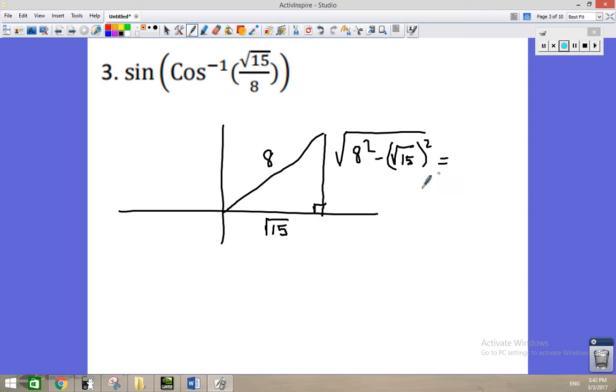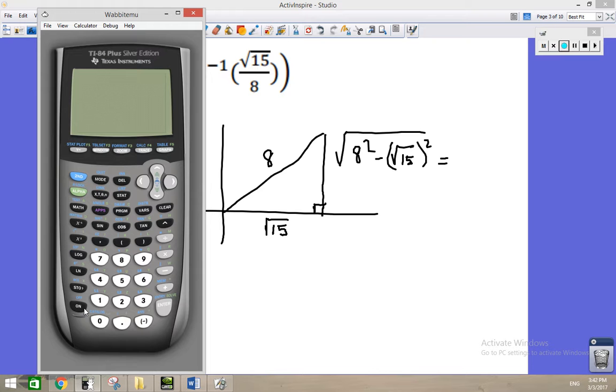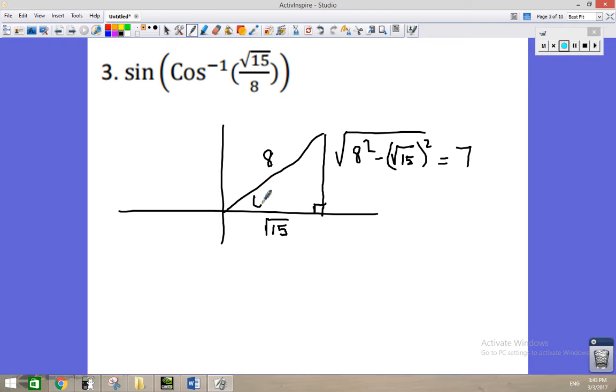So the radical goes away, and we've got 64 minus 15, right? Which is the square root of 49, which is 7. Alright, this is theta. So this is really asking us to determine the sine of theta, which is 7/8. And that's our final answer.